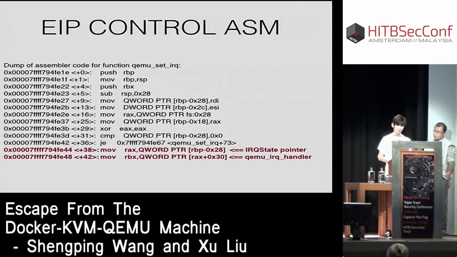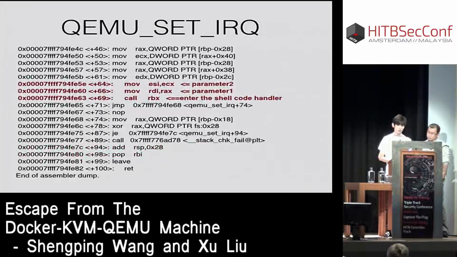Let's look at this function in simple language. This is the IRQ state pointer, and the bottom is the QEMU IRQ handler. What we need to do is rewrite the RX plus 0x30 pointer to change the executable procedure. After we rewrite the handler, we can call RBX to execute the memory area we want.